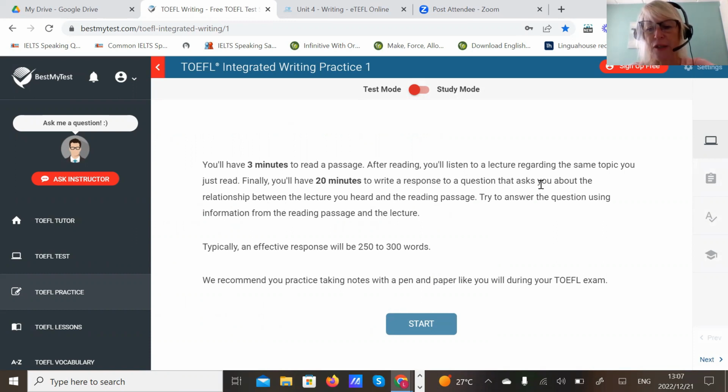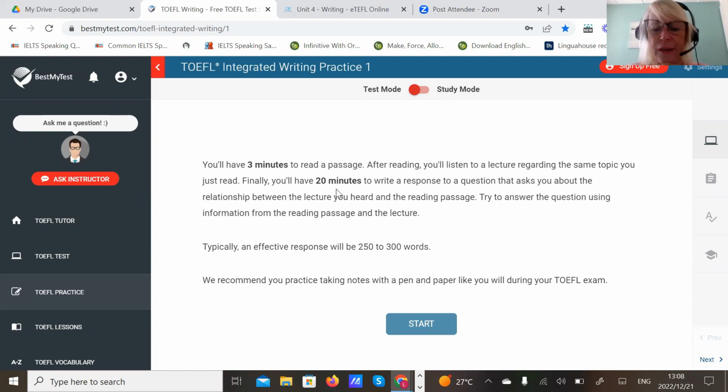After reading, they'll listen to a lecture regarding the same topic, and then only 20 minutes to write a response to a question that asks you about the relationship between the lecture and what you read in the reading passage. So they need to answer the question using the information from the reading passage and the lecture. They must use both of those.